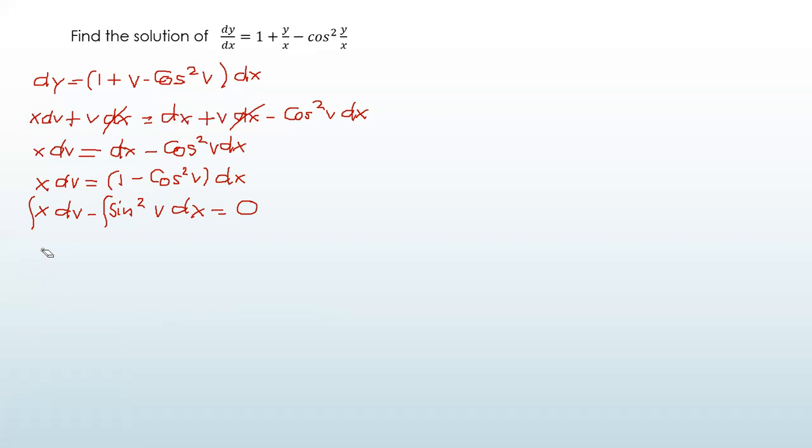Wait. We have to simplify first. We have to divide first, because of x dv and phi dx. So we cannot find the solutions if we give integration.